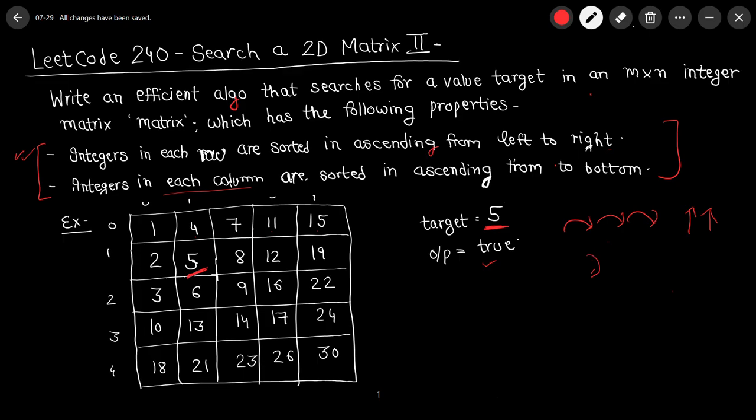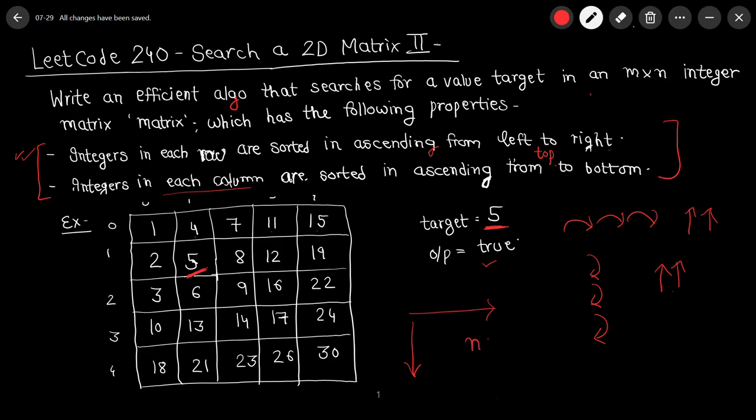As in a particular column, as we go downwards, we get higher values. That means every row and every column is sorted in ascending order. The row is sorted from left to right, and the column is sorted from top to bottom. So this was the problem statement. So it's very simple. I hope you got the problem statement.